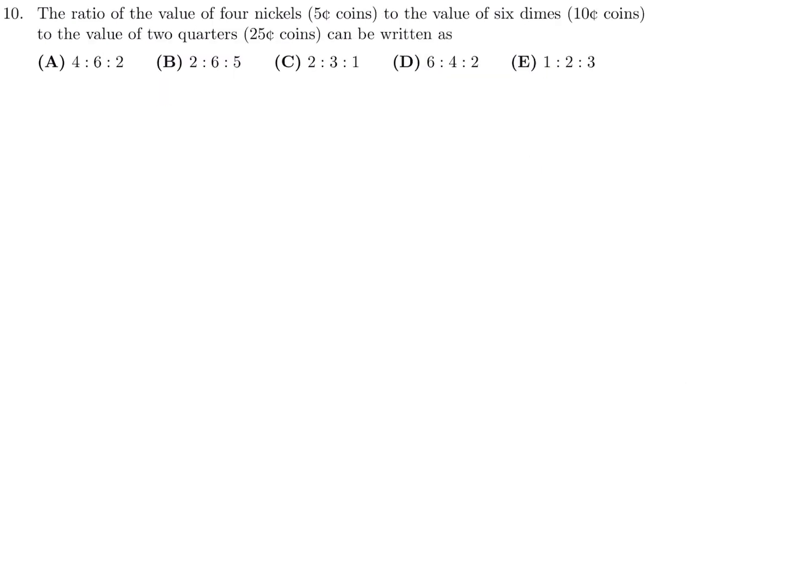The ratio of the value of 4 nickels to the value of 6 dimes to the value of 2 quarters can be written as 4 nickels to 6 dimes to 2 quarters. So we have 4 times 5, 6 times 10, and 2 times 25.